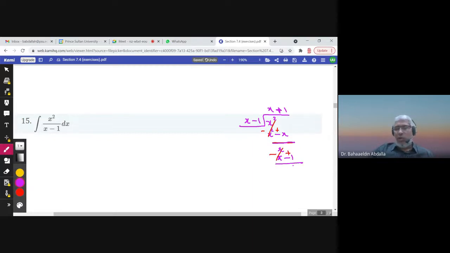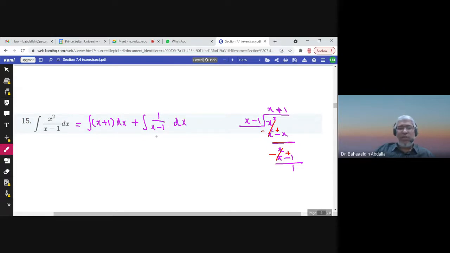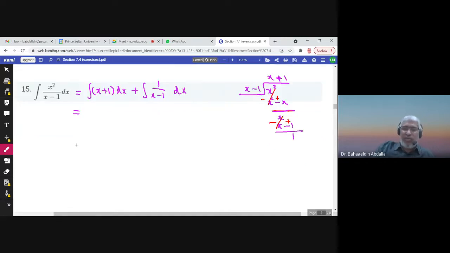So I have 1. The remainder is 1. So this would be equal to integral x plus 1 dx plus integral, the remainder, which is 1, over x minus 1 dx. I leave it for you to continue and find the answer.